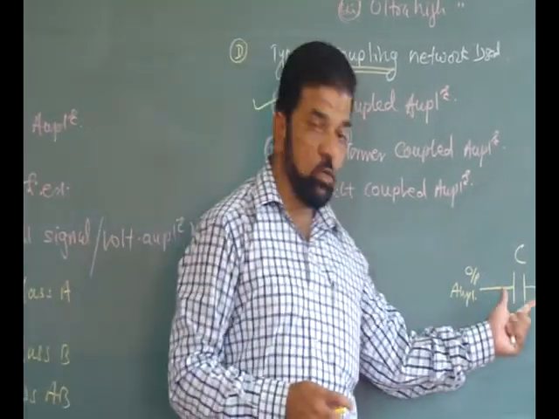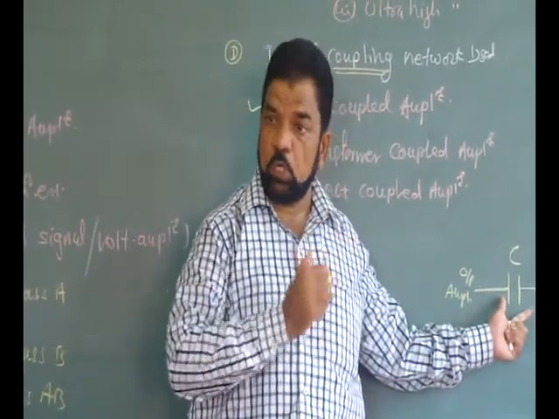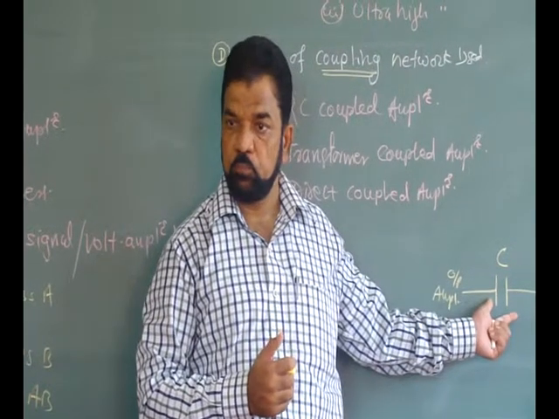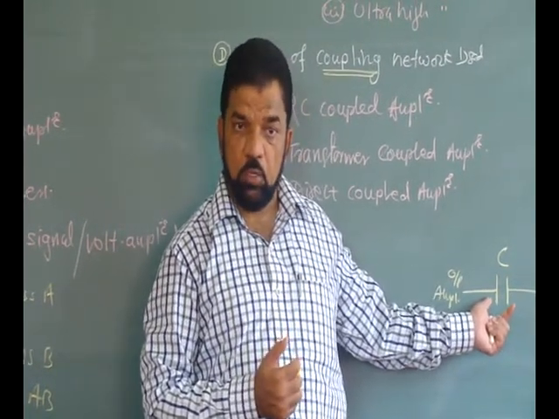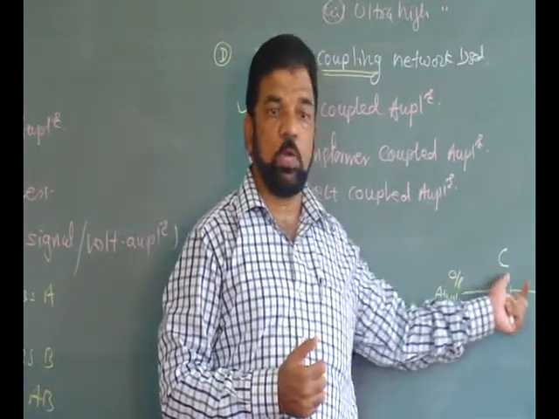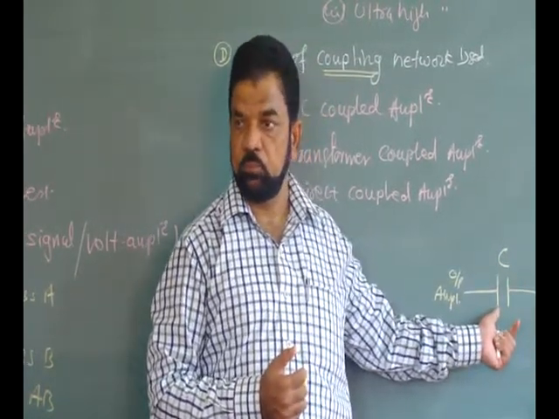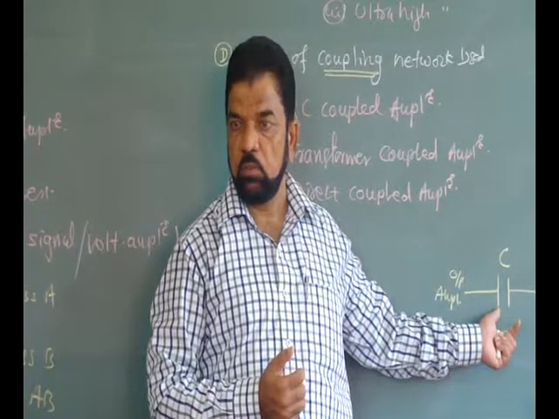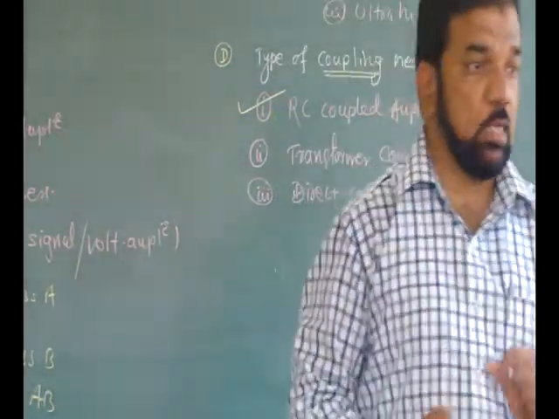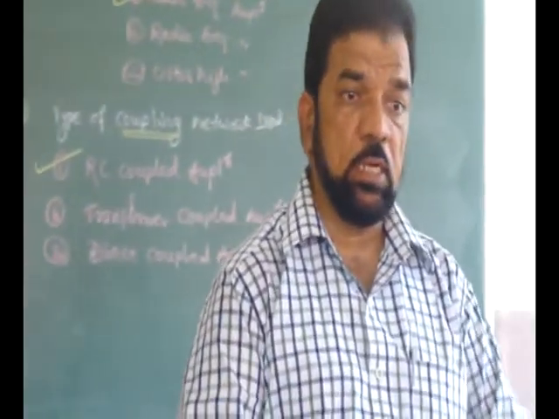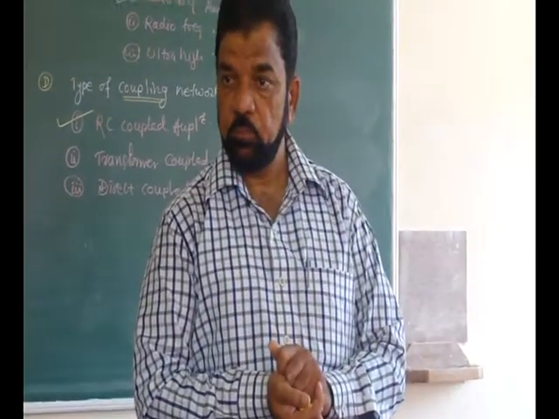Now we have to check whether this network satisfies both the conditions. What is the first condition? There should be minimum voltage drop across the network. If this element offers minimum reactance, then whatever the drop is there, that drop is less.